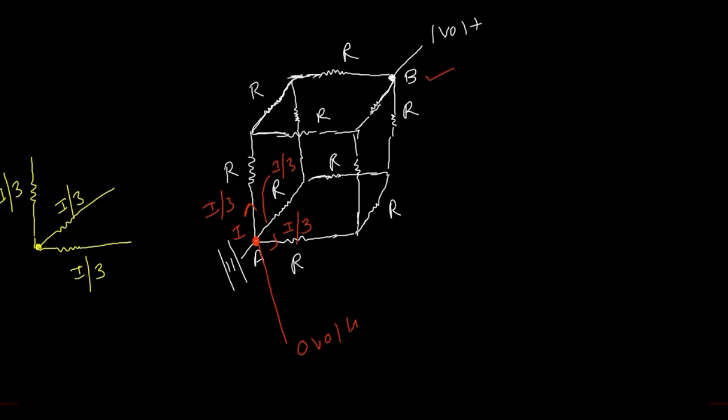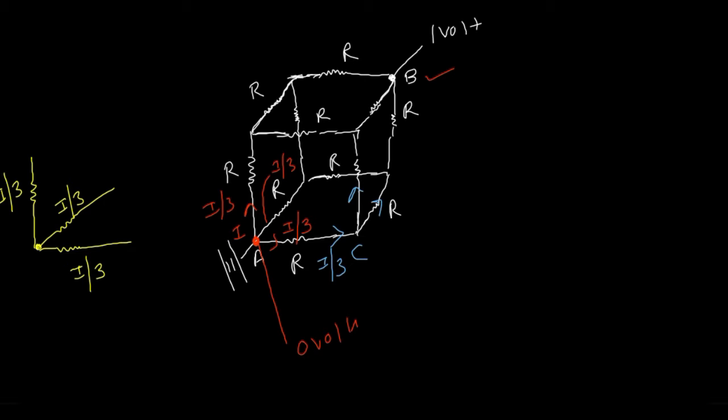So this is the first thing. The moment the current enters the point A, it splits up because it sees three identical arms, having the same resistance. So it splits up into I by 3. Now let's talk about when the current, for example, reaches the point C. Now I by 3 is coming here. This current has two options. Either it can go here or it can go here.